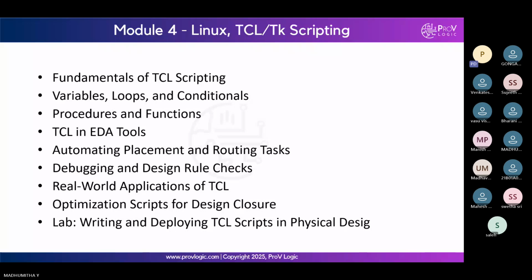Setup check is done with respect to the launch flop clock. Sorry, setup is done with respect to the capture flop clock. I will edit it.